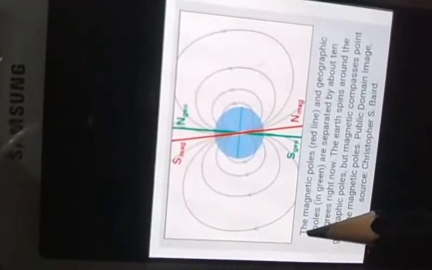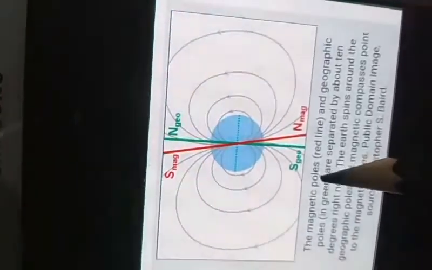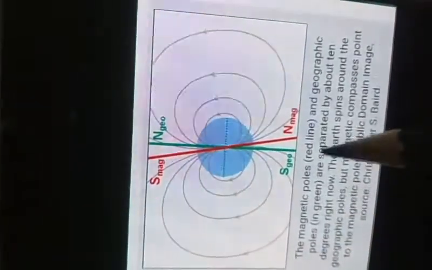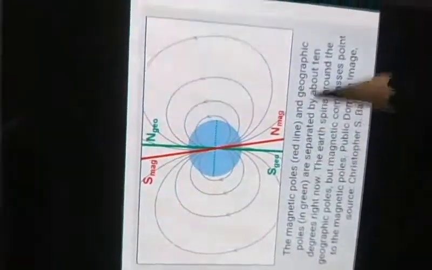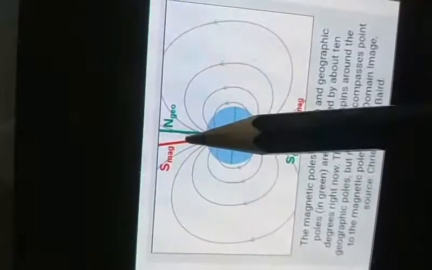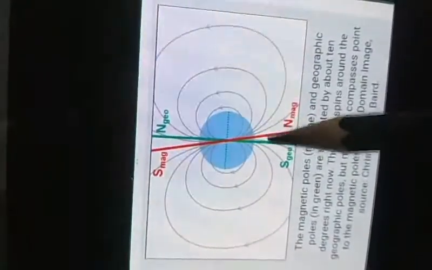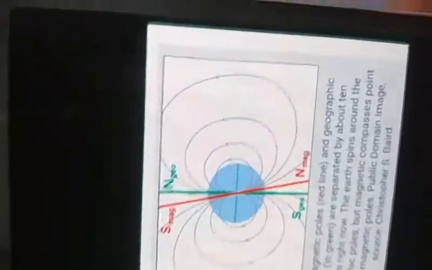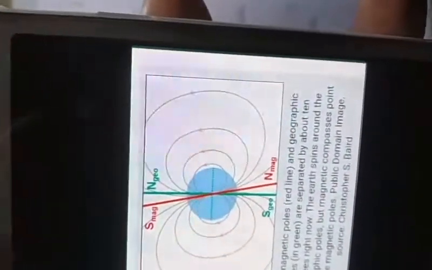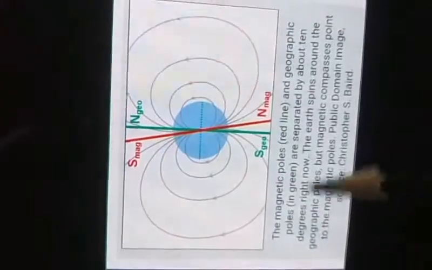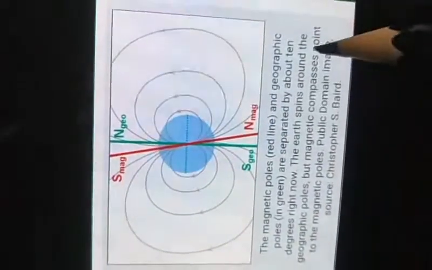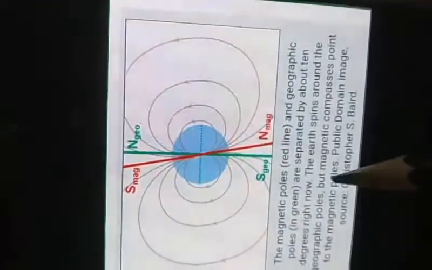Now students, just read below. The magnetic pole, the red line, and the geographic pole, in green, are separated by about 10 degrees right now. Okay, 10 degrees. In my previous lecture it was 10 to 11.3, near about, all are correct, approximate. Now the earth spins around the geographic pole, but magnetic compasses point to the magnetic poles.